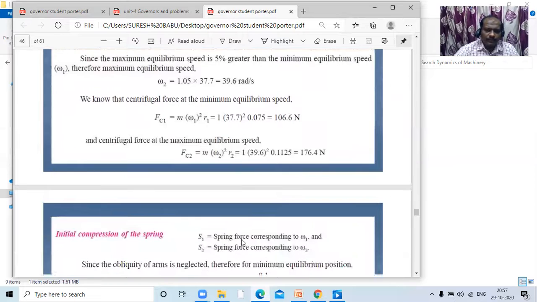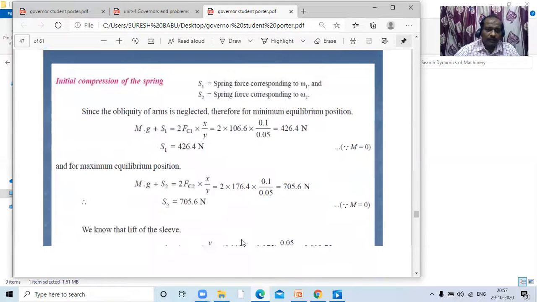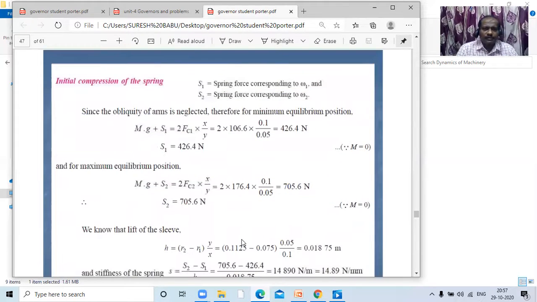So if you observe this one, we have to find S1, spring force corresponding to W1, and S2, spring force corresponding to W2. Since obliquity of arms is neglected, for minimum equilibrium position the formula is m g plus S1 is equal to 2 Fc1 into x by y.